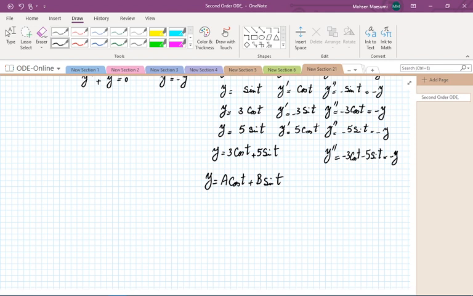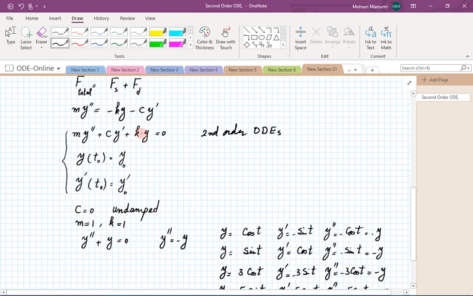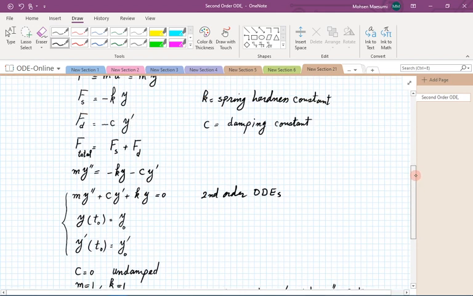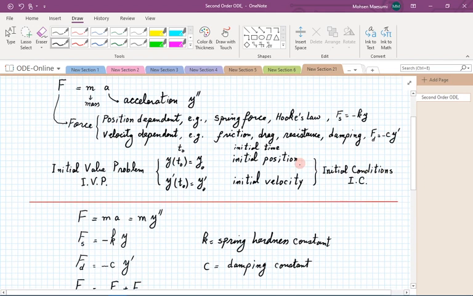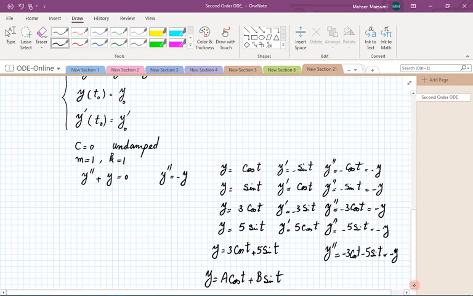Now we have two constants. That's a standard feature of second order equations. If you have a second order equation, it's going to have two constants. That's going to refer to how to tie down things related to initial position and initial velocity, and so that's a main thing.